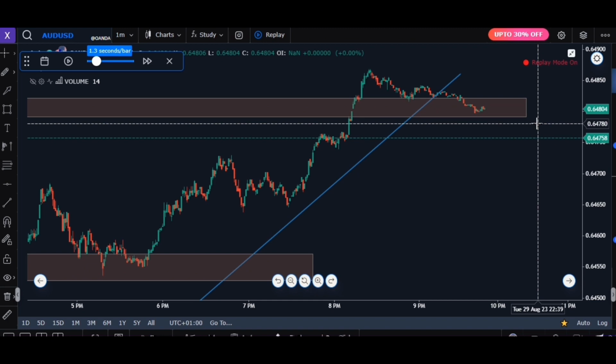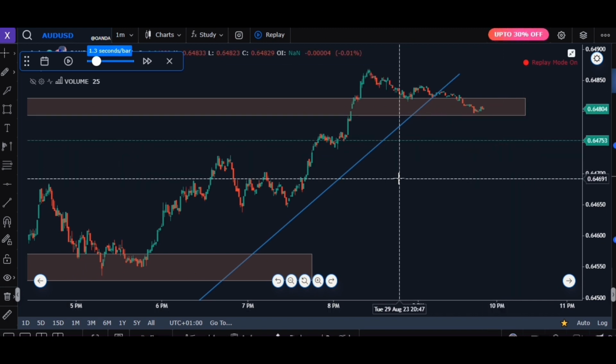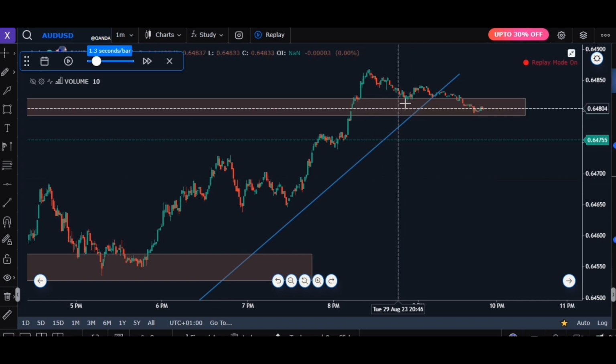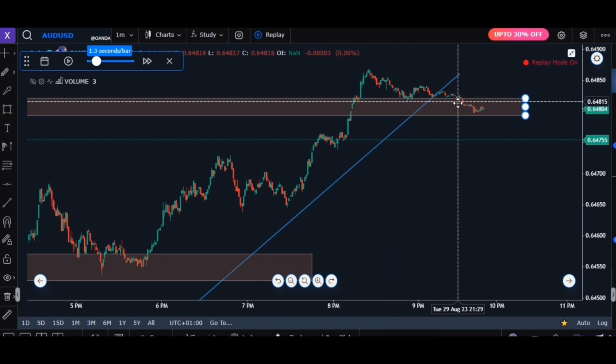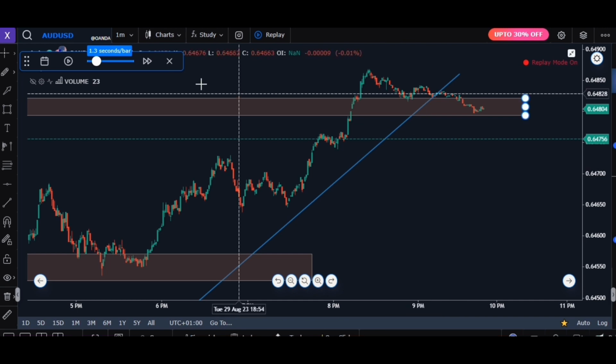Anytime you see such, know it's a very strong zone, because to me it equals 3 touches. And after that, I saw the market respected it, and if the market breaks it again, you know that momentum has gotten into the market at that moment.